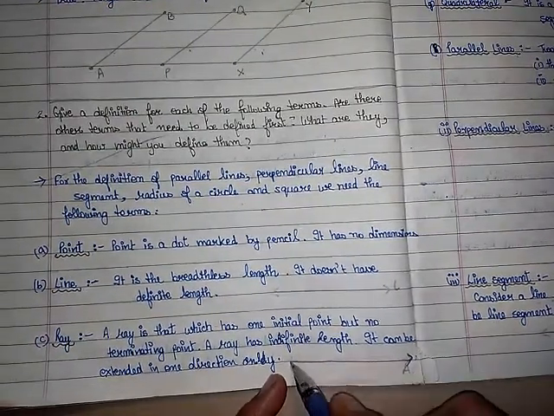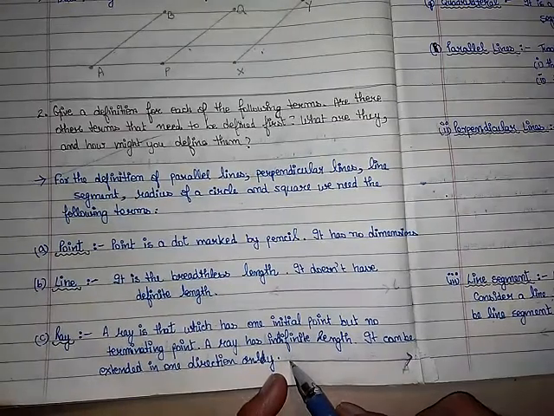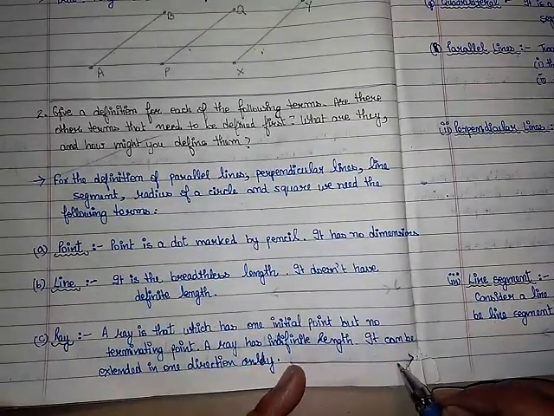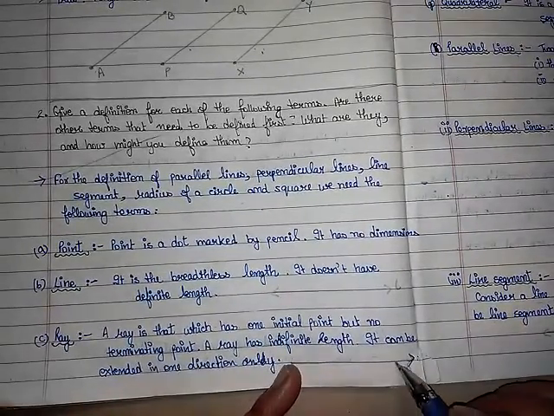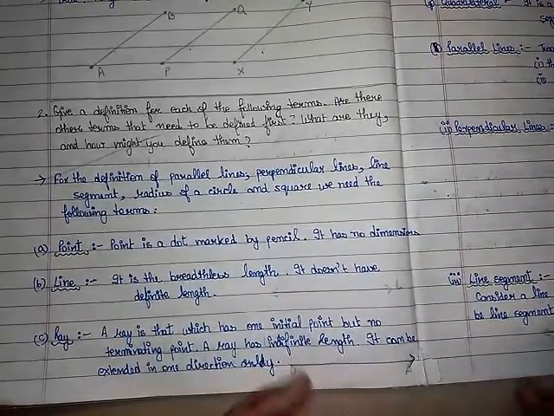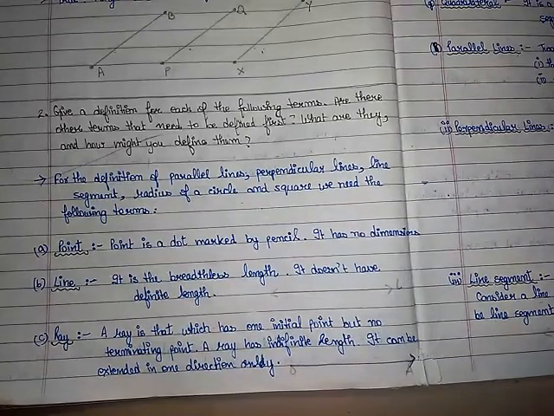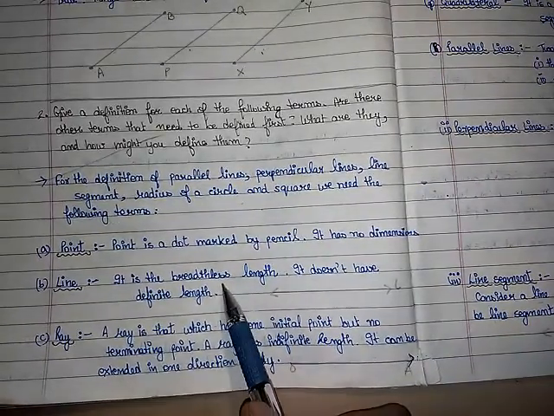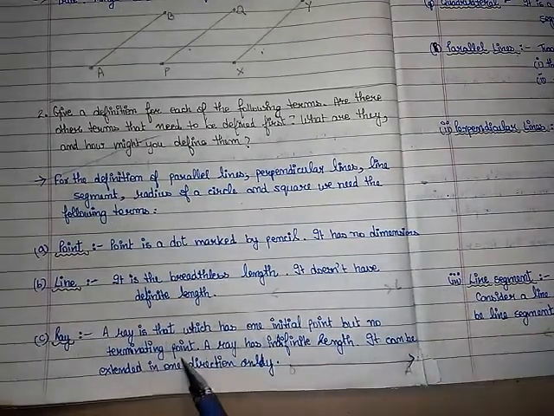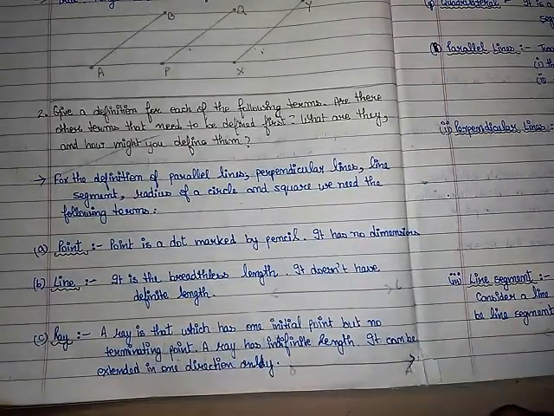This is called the initial point, and there is no terminal point of the ray. That is called the ray. Clear? So what is the difference between line and ray? A line can be extended both ways, but a ray can be extended only in one direction.